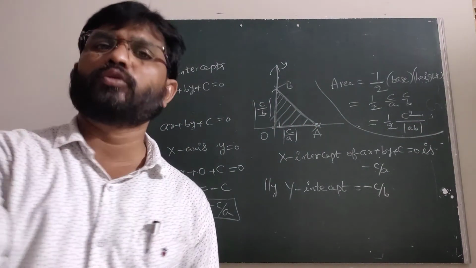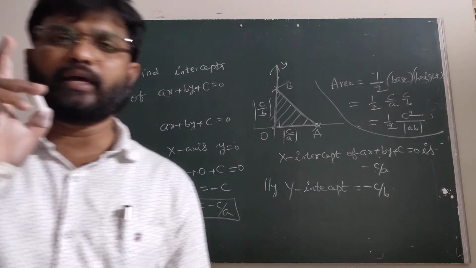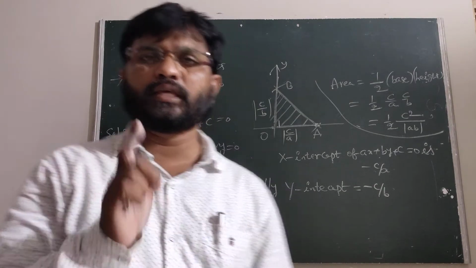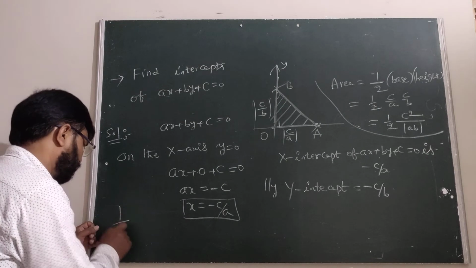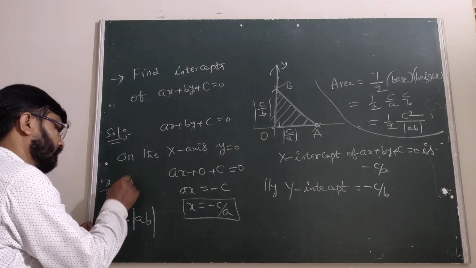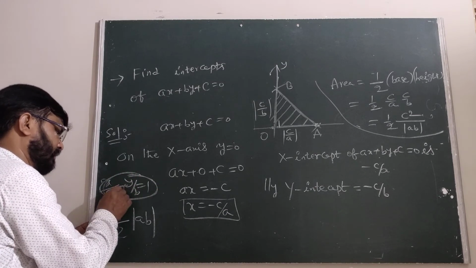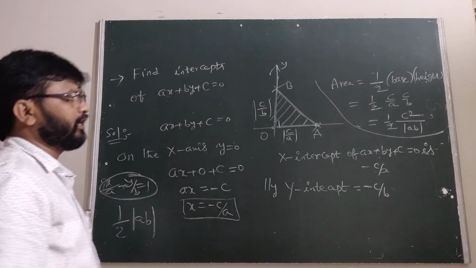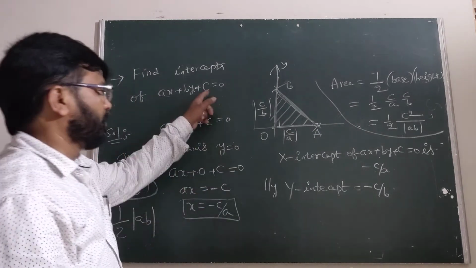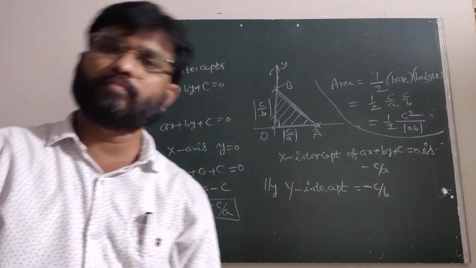Okay. We have to know two formulas. The area of the triangle formed by the line x by a plus y by b equal to 1 with the coordinate axis is half modulus of AB. Here the area of the triangle formed by the line ax plus by plus c equal to 0 with the coordinate axis is half into c square by modulus of AB.